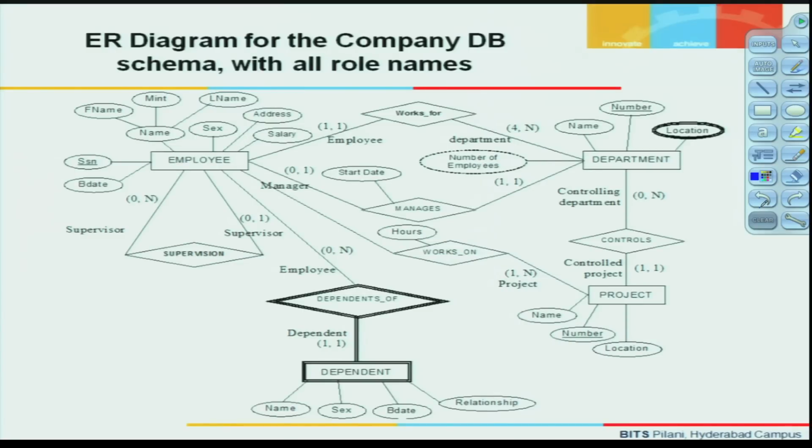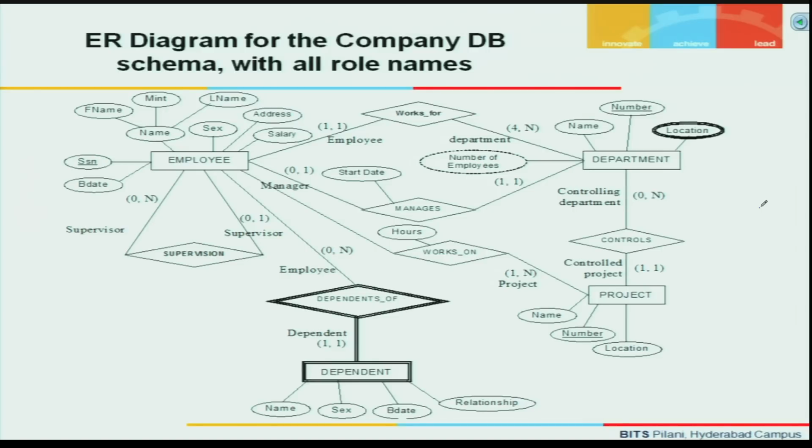Now, after having learnt all these constraints, similarly we have unary, binary and ternary relationships. Binary means, let us take the example, this is a binary relationship because you have only two entity types involved in this works for relationship. Sometimes it could be unary also.